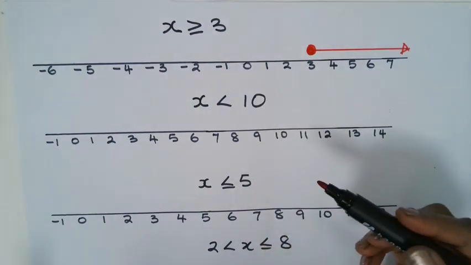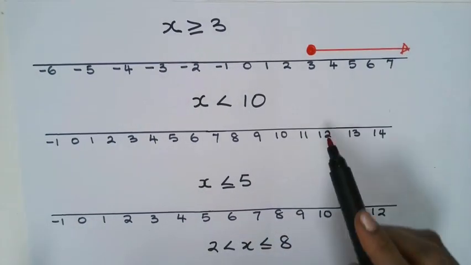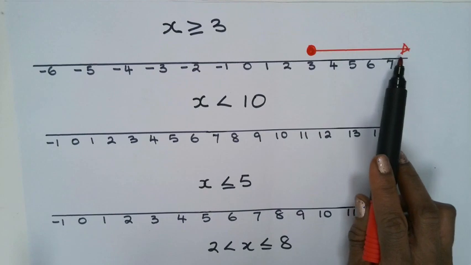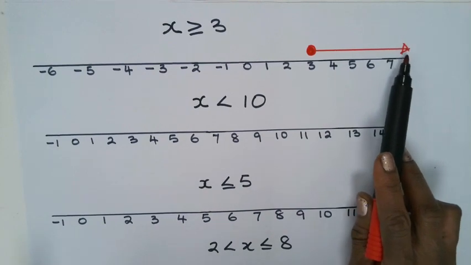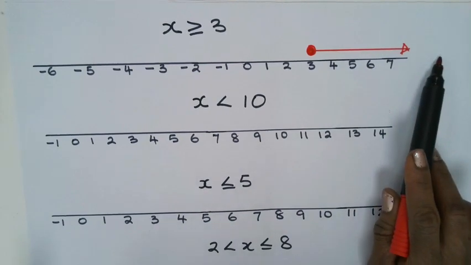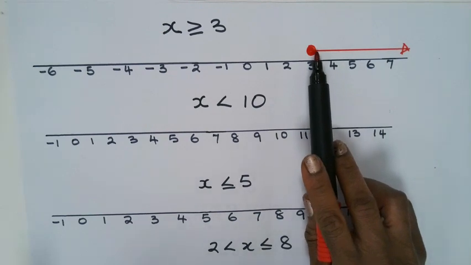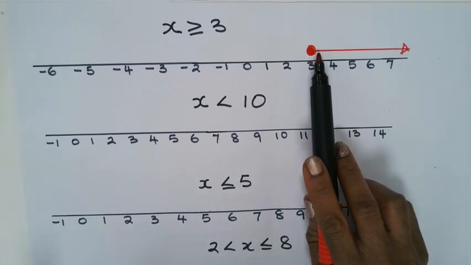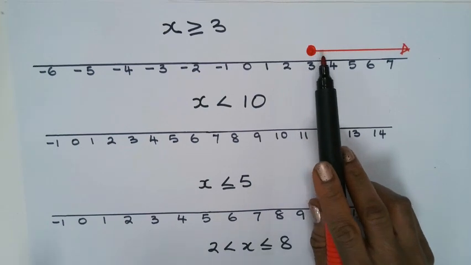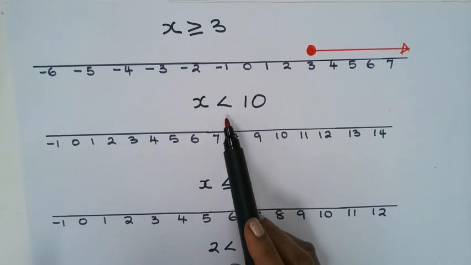Because it's greater, the arrow is going to be going towards the positive side. And then you've got a closed circle. Remember that if it's greater than or equal to, or less than or equal to, it's going to be a closed circle.